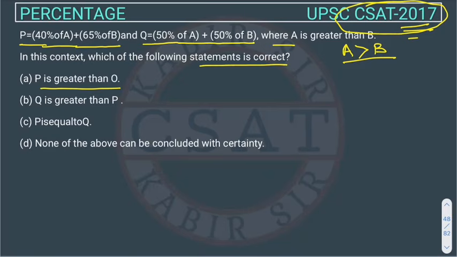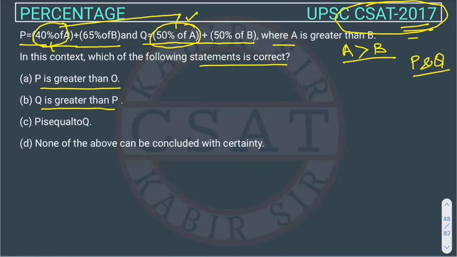P is greater than Q, Q is greater than P, or P is equal to Q. Now we have to tell the relationship between P and Q, and we know only that A is greater than B. So it's hard to answer these questions directly. Here we will use the trial and error method. In P we are using 40% of A, and in Q we are using 50% of A, so Q is greater in that part.